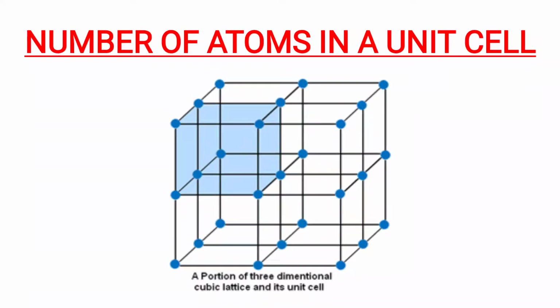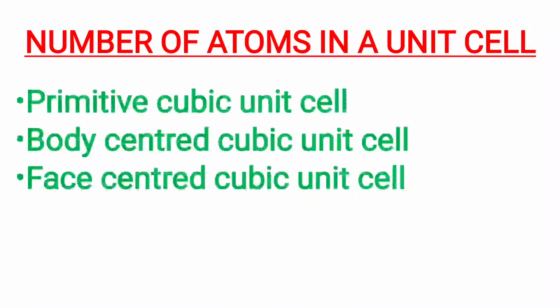So we may have to consider only that portion which belongs to a given unit cell. That's our idea now. So let's take up 3 different cases. We are going to see, in the case of the primitive cubic unit cell, body-centered cubic unit cell and face-centered cubic unit cell, what portion of an atom belongs to the unit cell. So we are taking a cubic unit cell and 3 types: primitive, body-centered and face-centered.